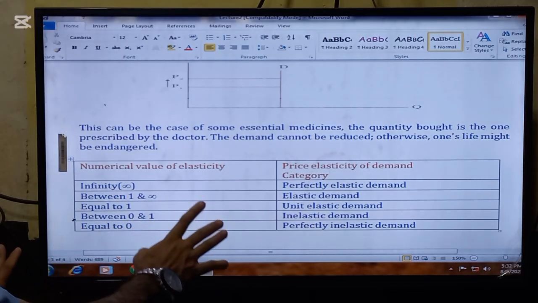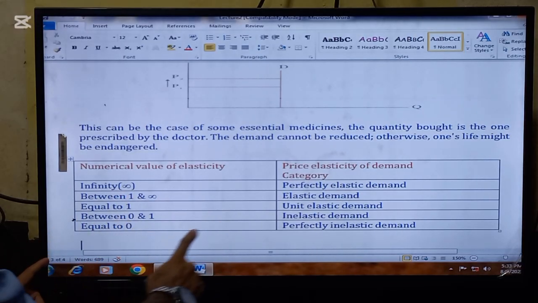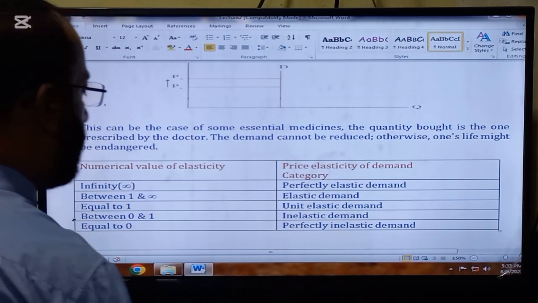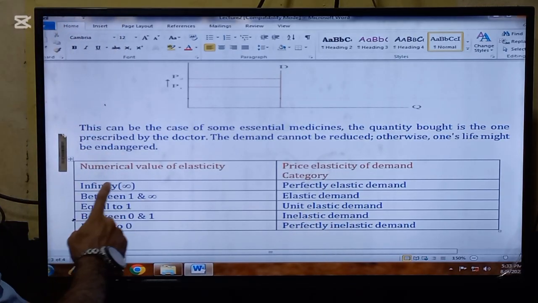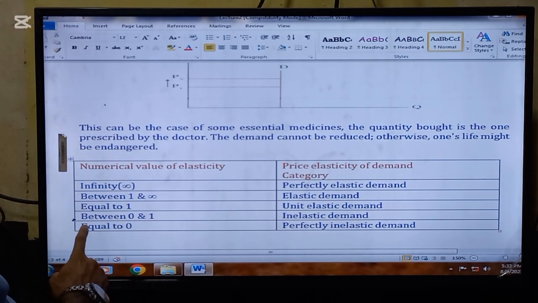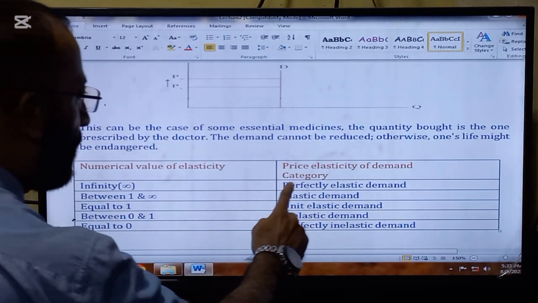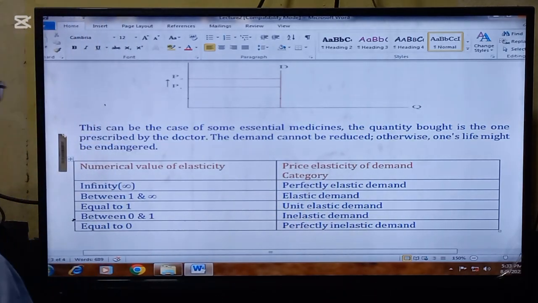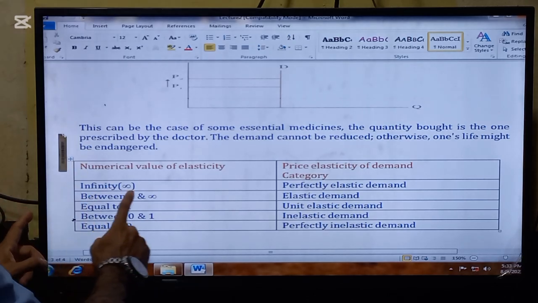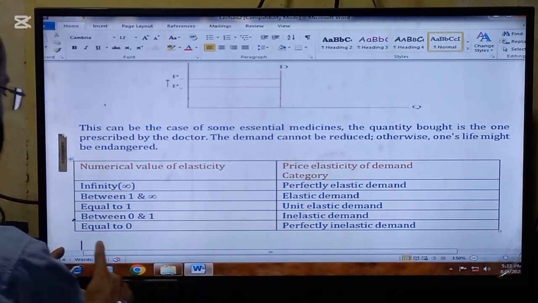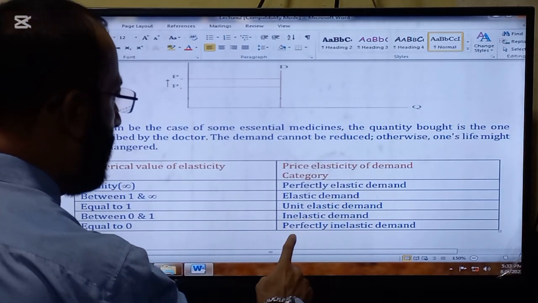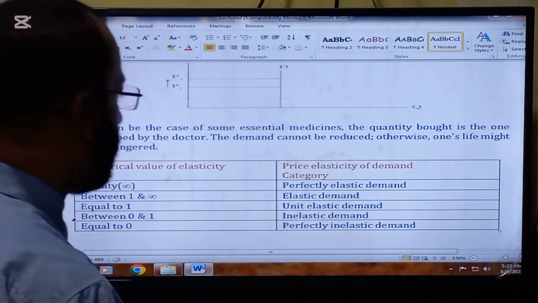If it is equal to 1, it will be unit elastic demand. If it is between 0 and 1, it will be inelastic demand. And if it is equal to 0, price elasticity of demand will be perfectly inelastic demand.